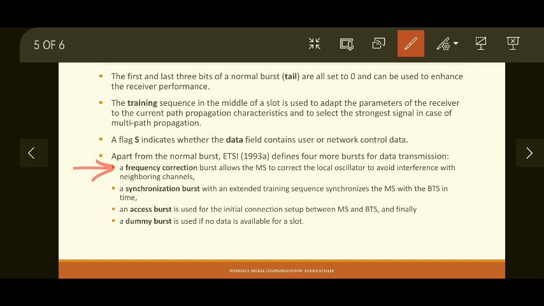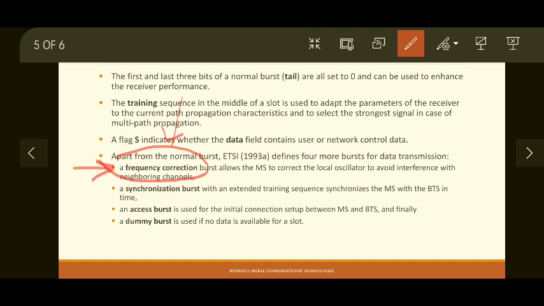The frequency to which a mobile user should tune is indicated by the frequency correction burst. This is a downlink burst, which is sent from the base station to the mobile station.